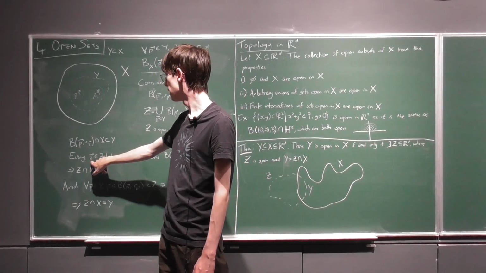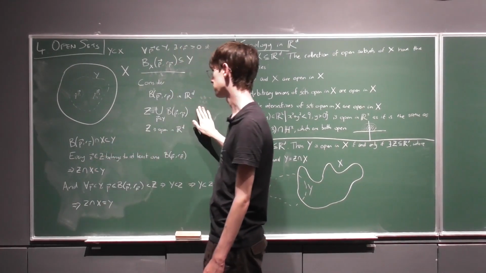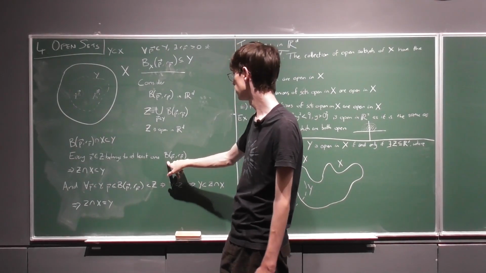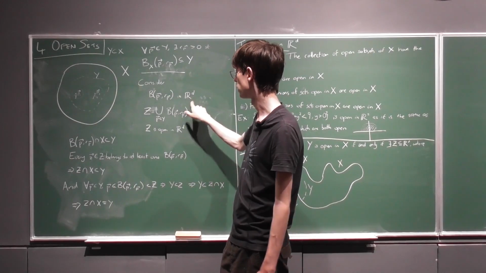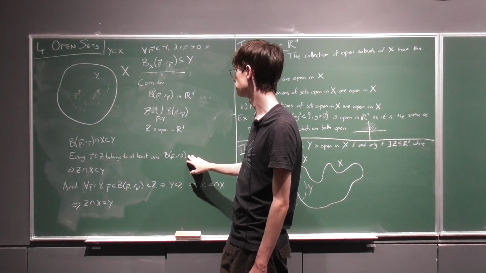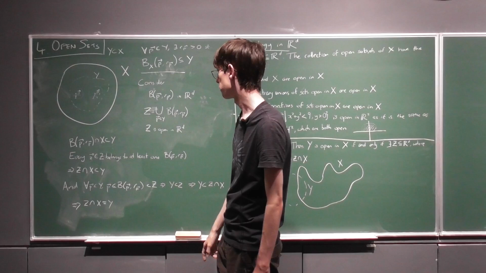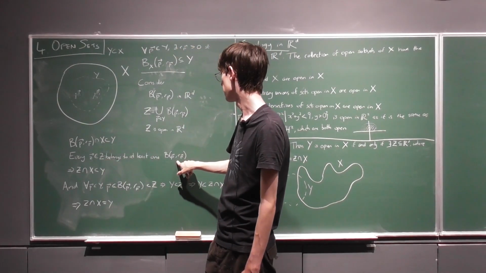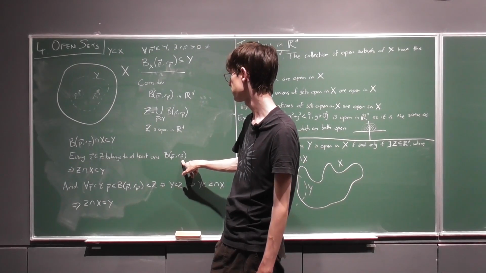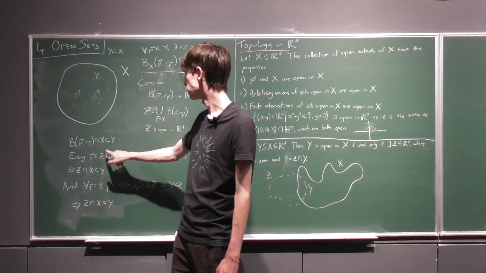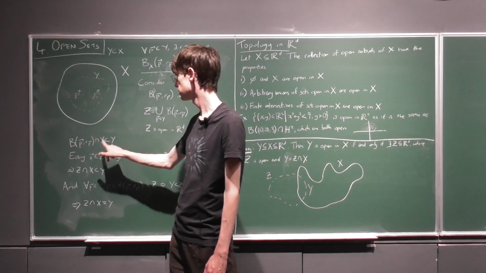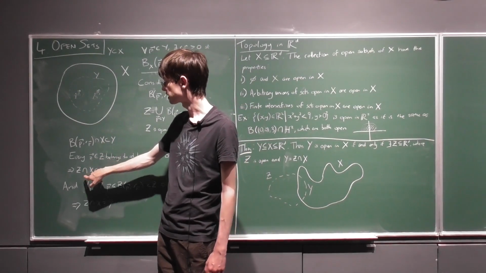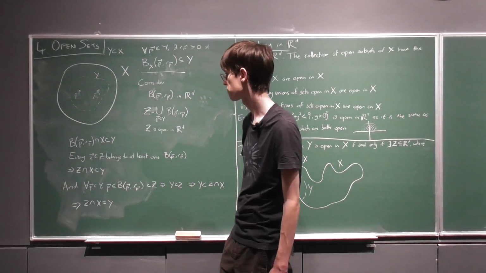Then any point in Z, so in this big union here, has to belong to at least one open ball in Rd. Again, that's just by construction. So that means that since every point belongs in here, we can just take all the points and go from here to this thing, which is that Z intersection with X is a subset of Y.